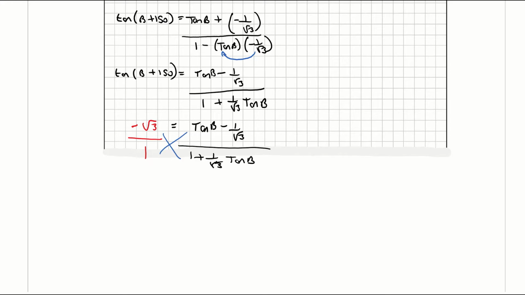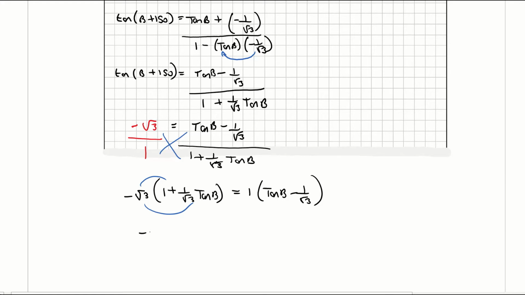What's that going to give me? It's giving me minus root 3 times 1 plus 1 over root 3 tan B equals 1 times tan B minus 1 over root 3. And multiplying in my brackets, that's going to give me minus root 3.